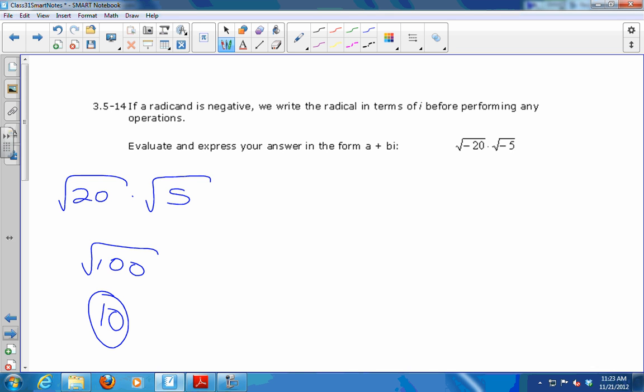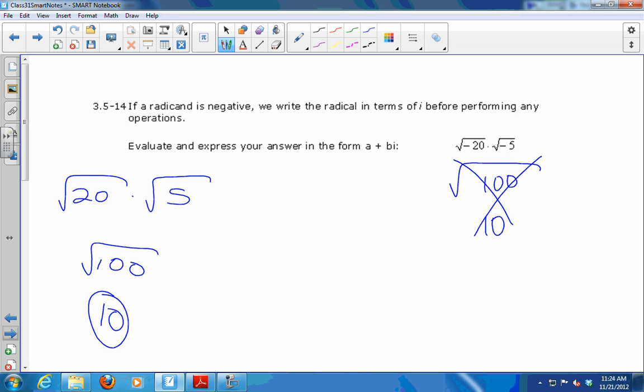But when you're doing it with negatives, if I did that, I would get negative 20 times negative 5 is 100, and the square root would be 10. But instead of doing that, we're going to rewrite it with i's first.